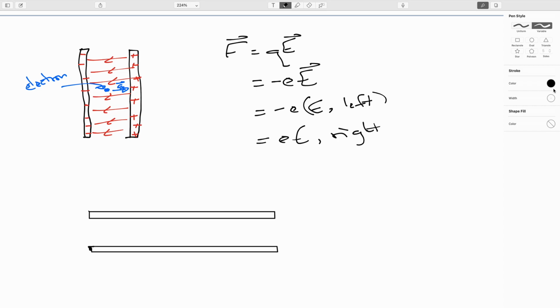There we go. So first off, just ask yourself, which way are the electric field lines going to point between the plates? That's correct. They point downward.